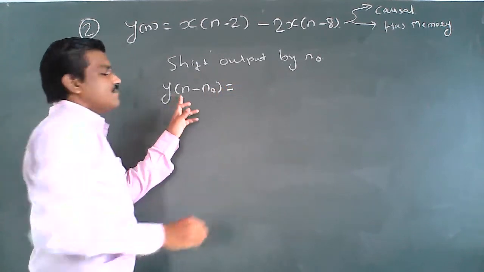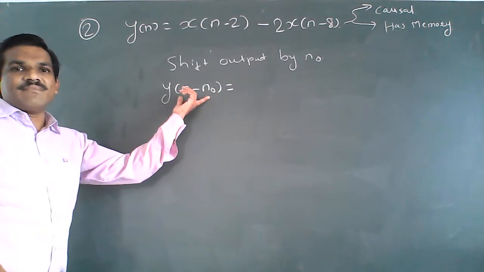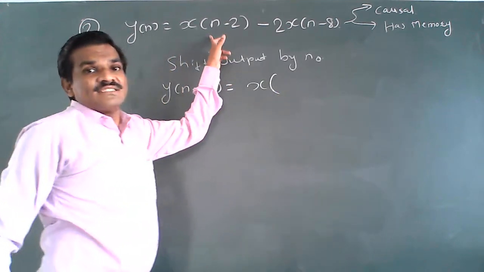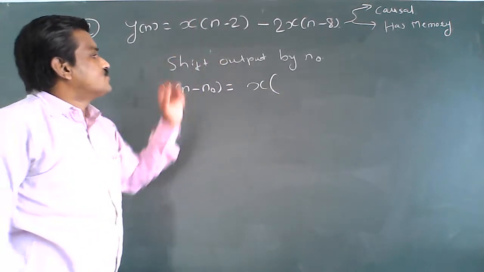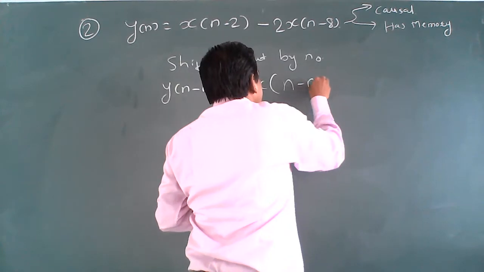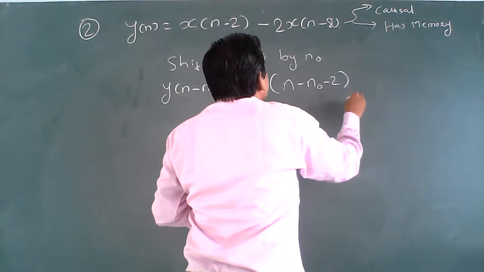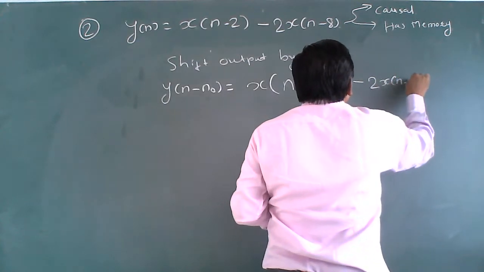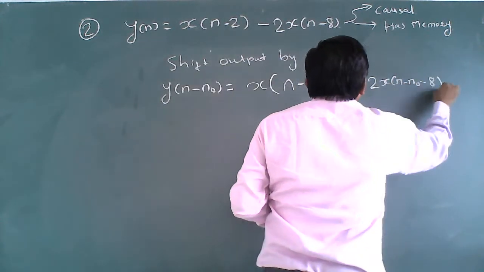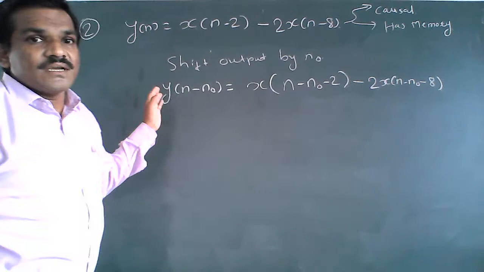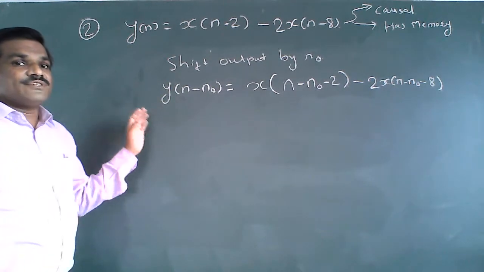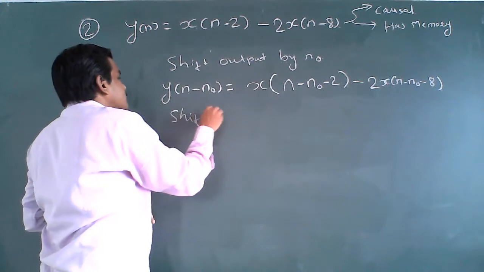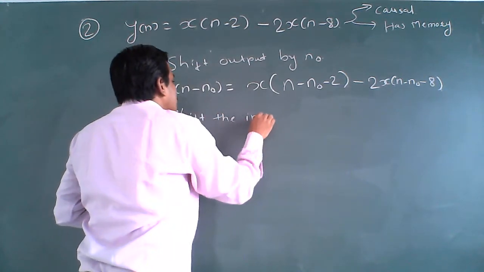Here, in the output we have shifted, that's why y of n minus n0 will come, which is nothing but x of n minus n0 minus 2 minus 2 times x of n minus n0 minus 8. Okay, now the second time we have to shift the input. So shift the input.